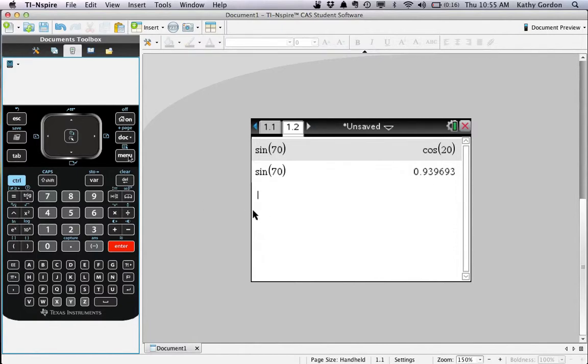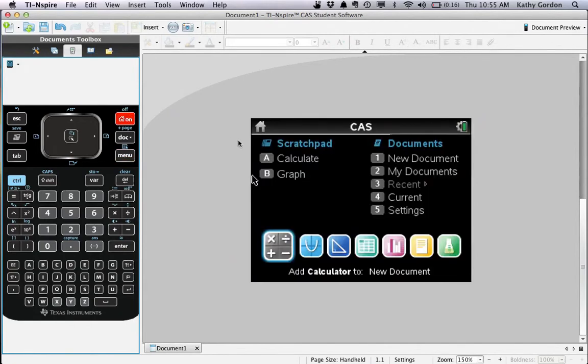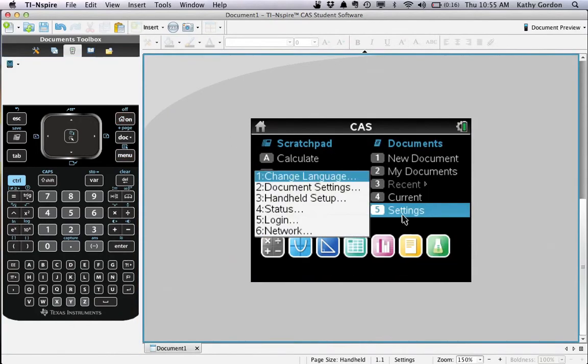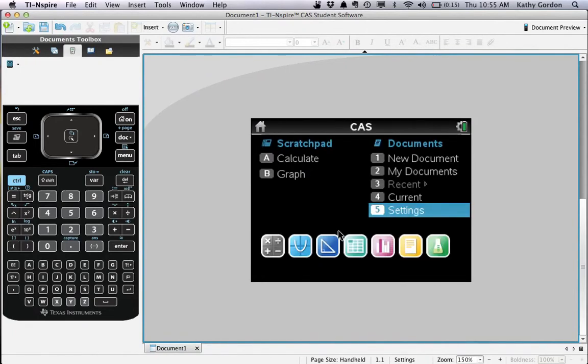Okay, if I decide I want to do a radian measure, I go back to my settings, document settings, change this to radians, default just to be sure, radians, make that default.